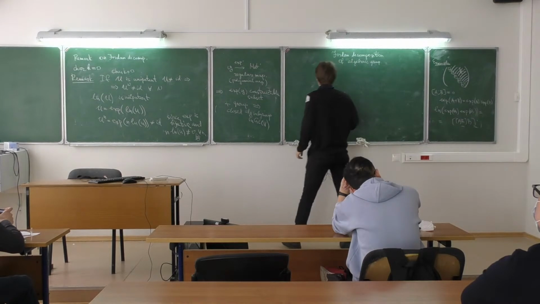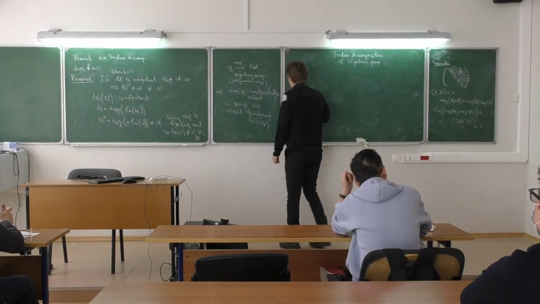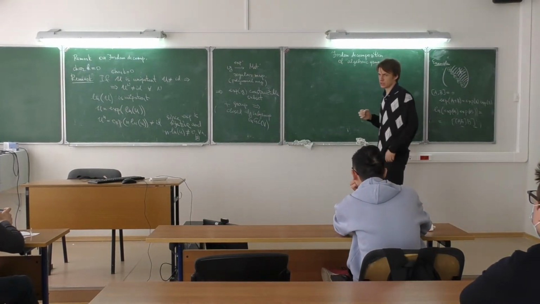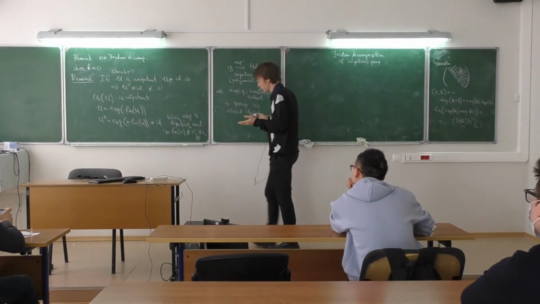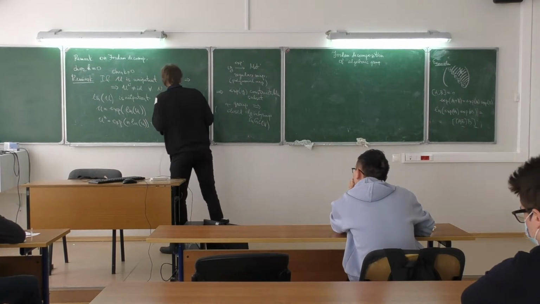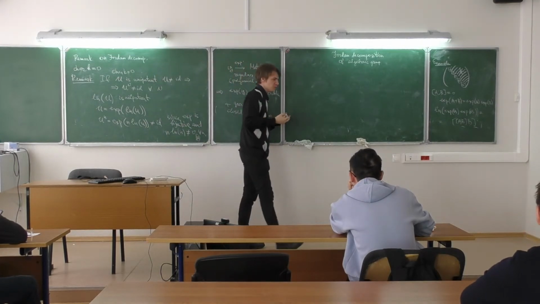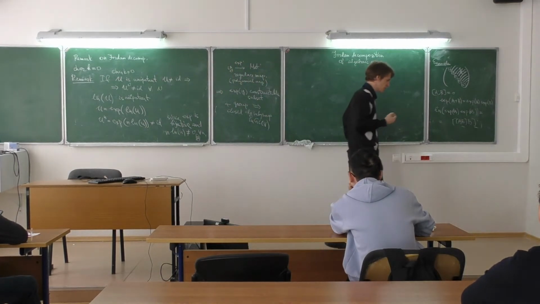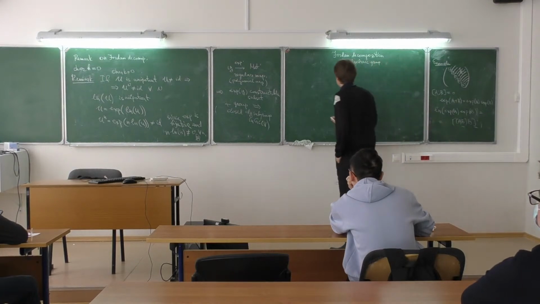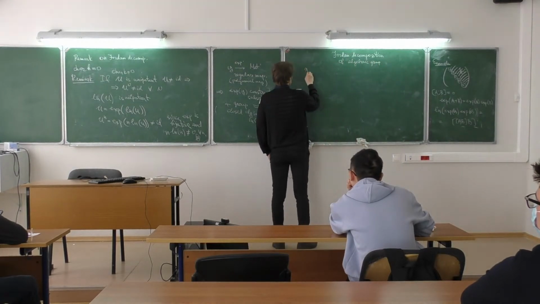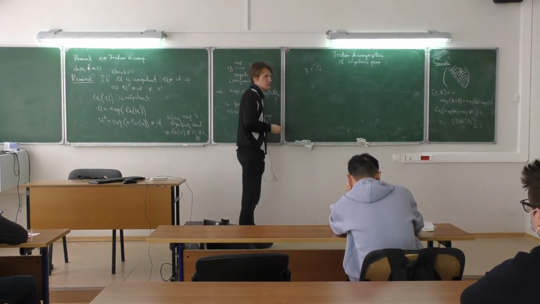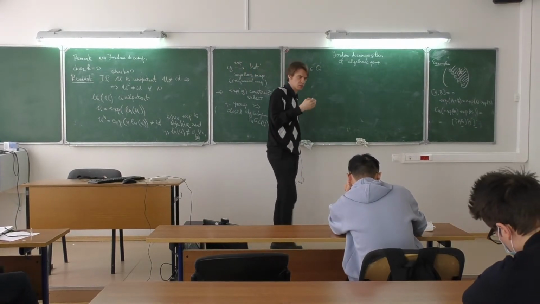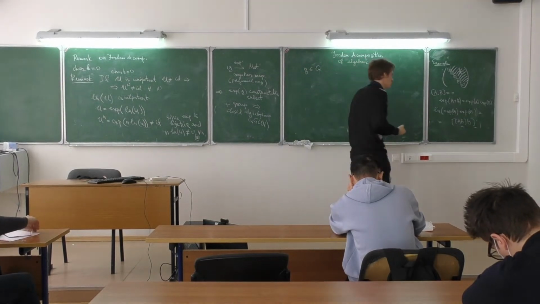So, what about Jordan decomposition? Now the idea is that we have to define what Jordan decomposition means. So we want to define the type of the element. Suppose you have an element now in the algebraic group. You want to understand when it is semisimple and when it is unipotent.